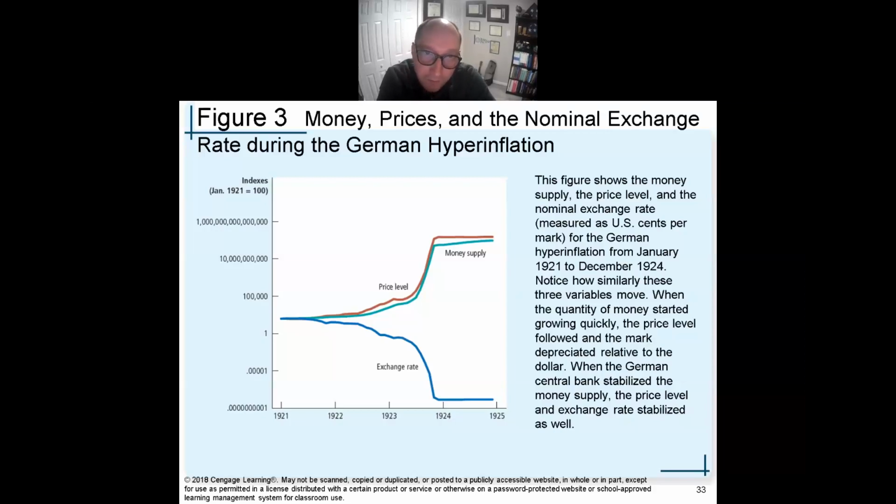Now, this example is from the German inflation era from 1921 to 1925. But we can see this here in the United States today. It's not hyperinflation, but it's still inflation. As inflation goes up, the exchange rate goes down. That's what I'm trying to convey.